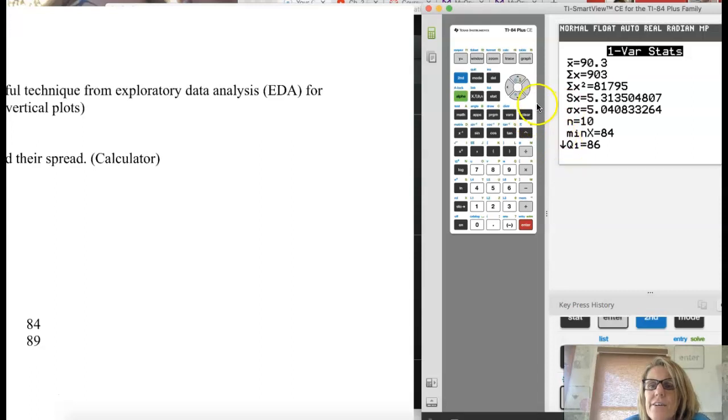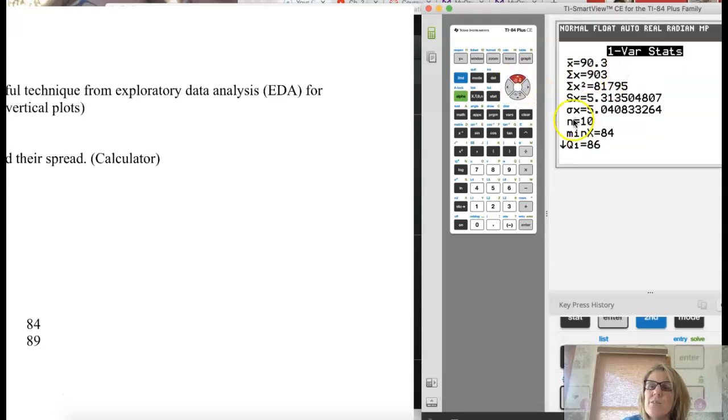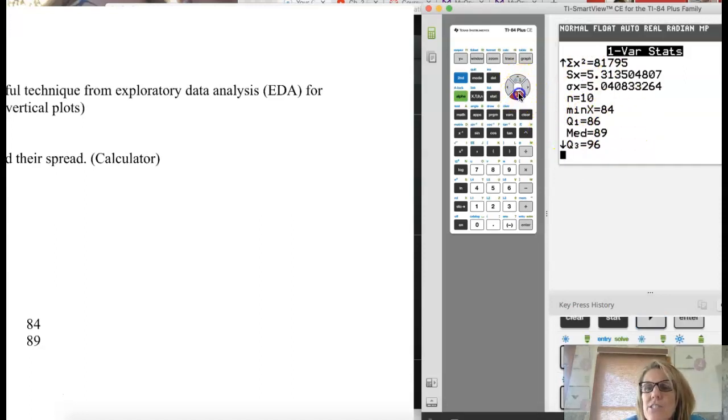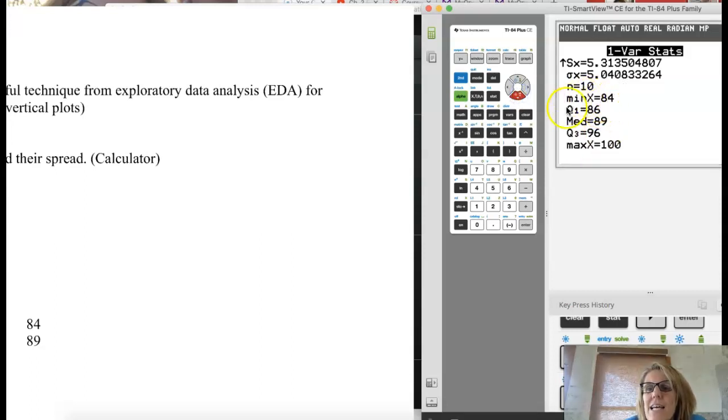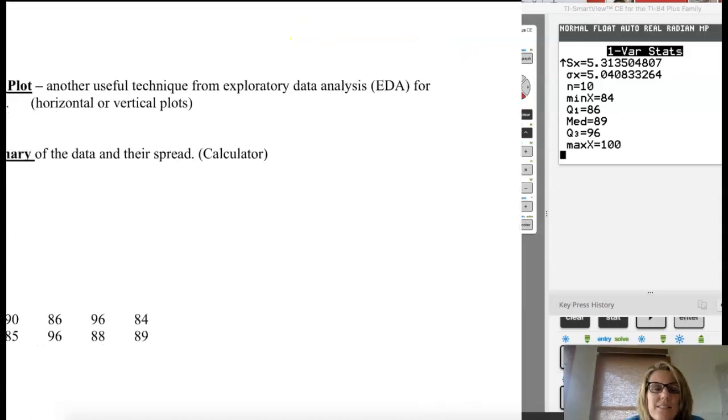Now see this little arrow? It means you can arrow down. So I'm going to arrow all the way down. And it gives us lots of information here, and we'll talk about this in the next couple sections, but if you arrow all the way down, the last 5 numbers are the 5-number summary. And we got this already, the 84, 86, 89, 96, and 100. That make sense?